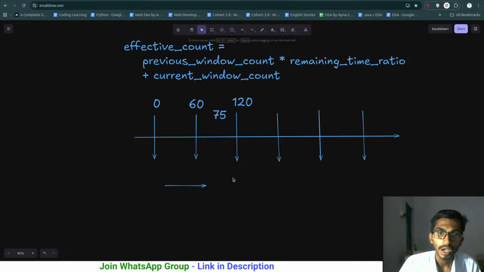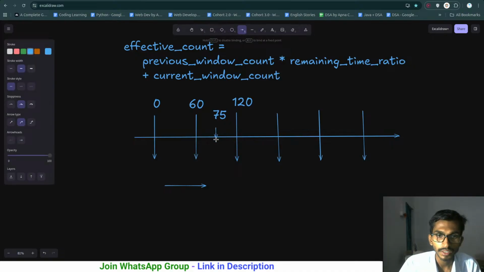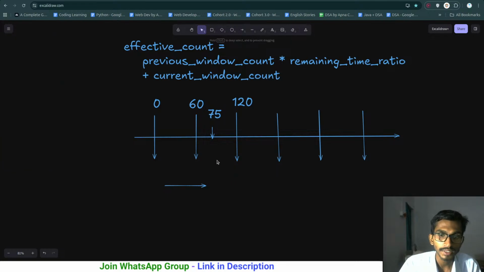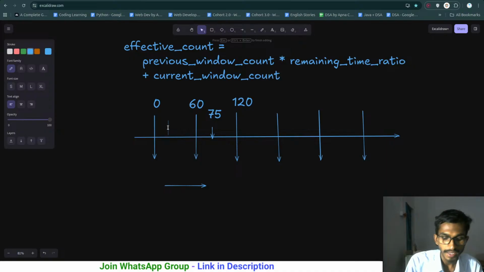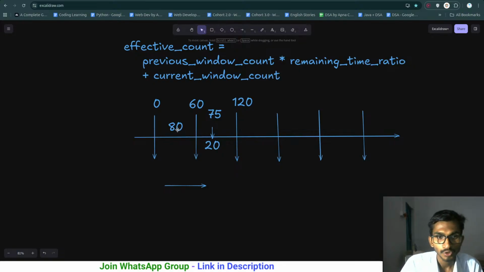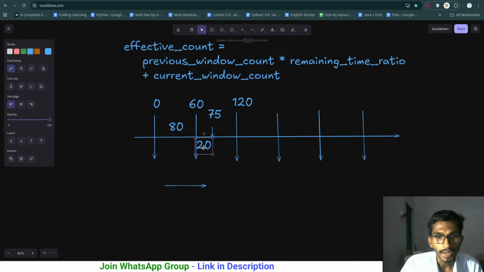Okay, that makes sense. So previously, in the previous window, I had 80 requests. In the current window I have 20 requests. As simple as that.